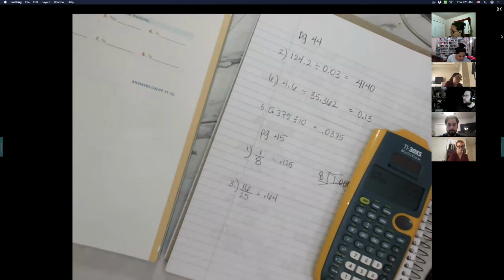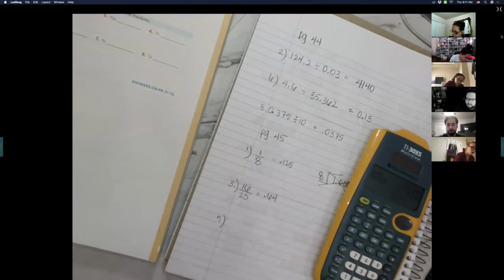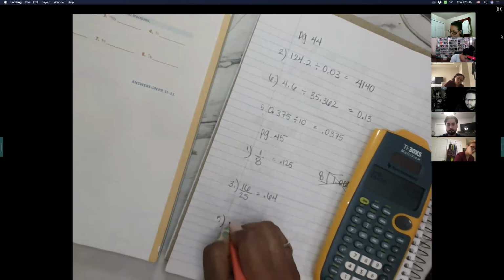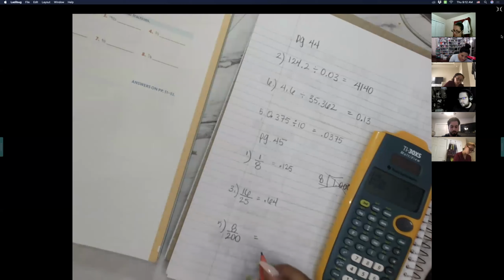Last one from this section is going to be number 5. And they're asking you to convert 8/200. 0.04. Okay.